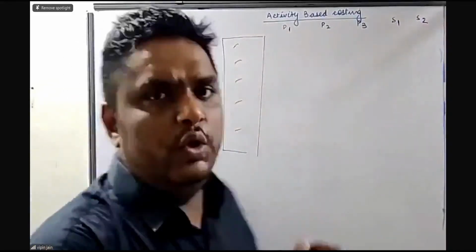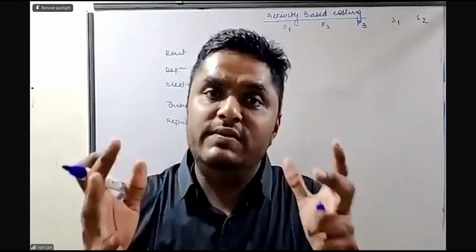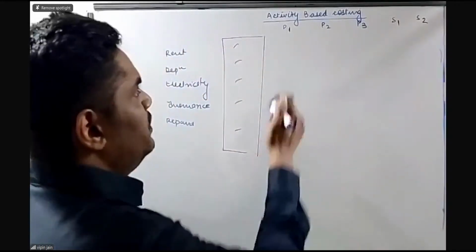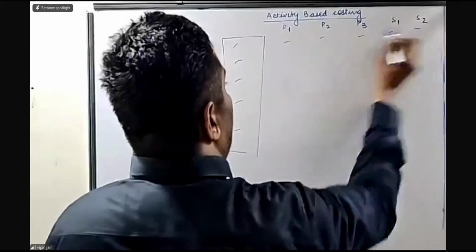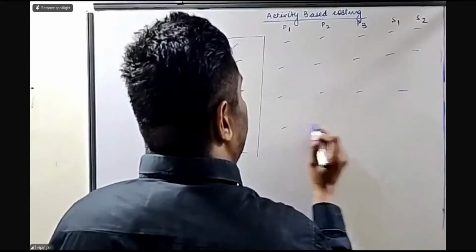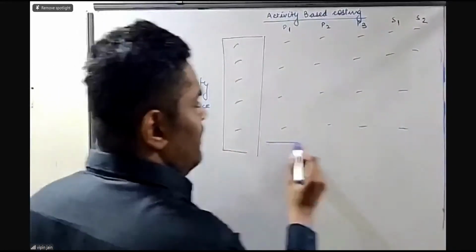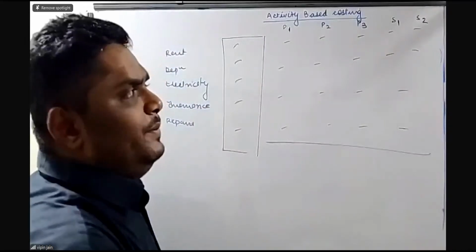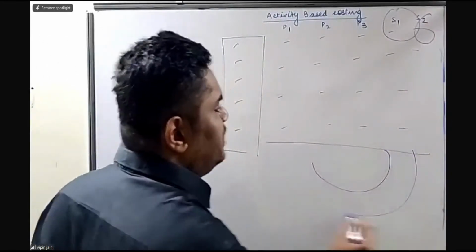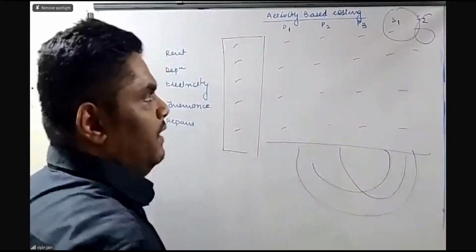Since overheads are incurred as a whole, we used to distribute the overheads among various production departments and various service departments. Once the overheads are distributed, the overheads of the service departments are reapportioned to the production departments.